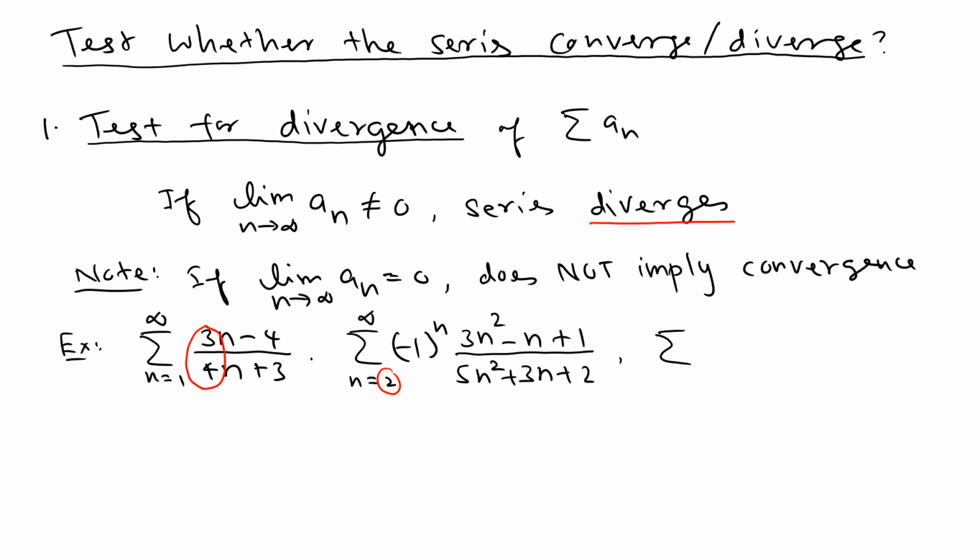How about this one? You can see n going from 0 to infinity, ((n minus 3) over n) to the nth power. So this is also a situation like that. In this problem, you might use one result from calculus.